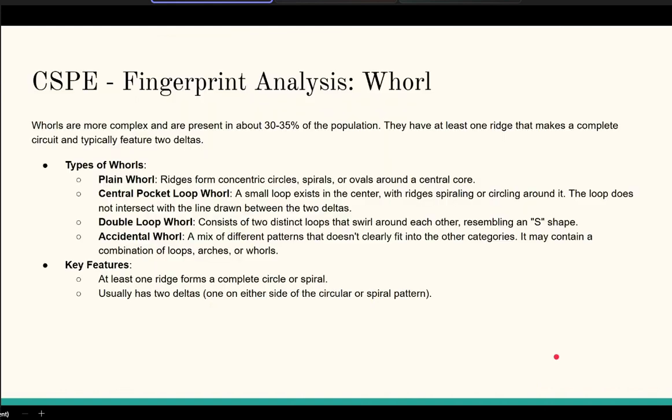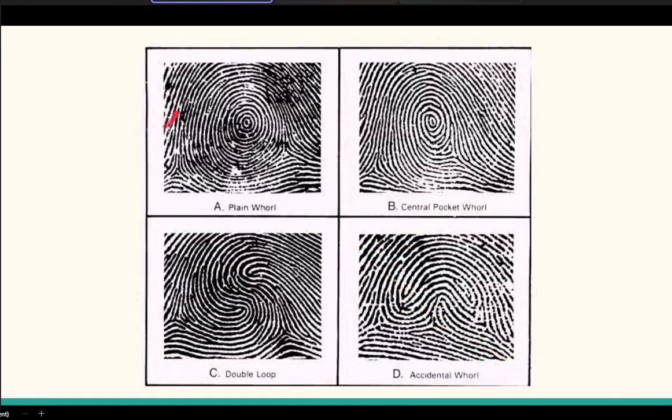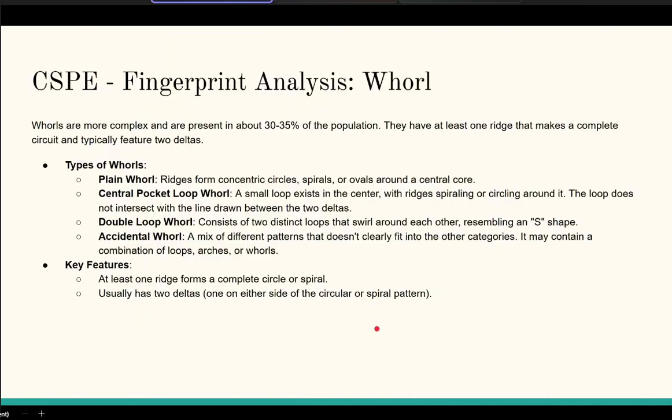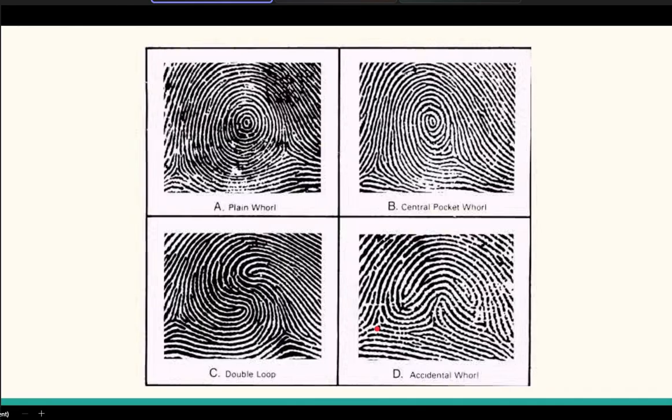Some key features: it usually has two deltas on either side of the circular patterns, like here, here, here, here, and then here and here. For this one, there's one here, and that one's not one. It's just these two, and this one is here and here.